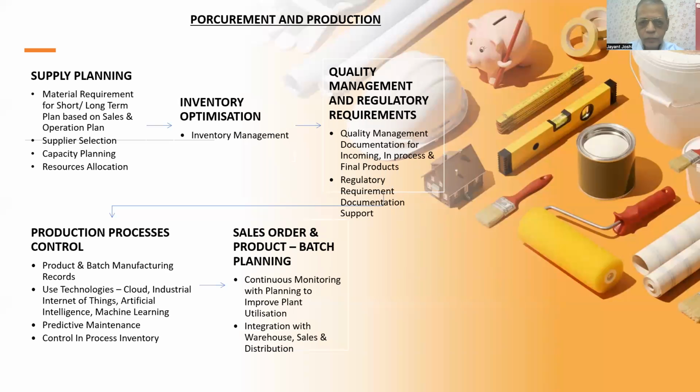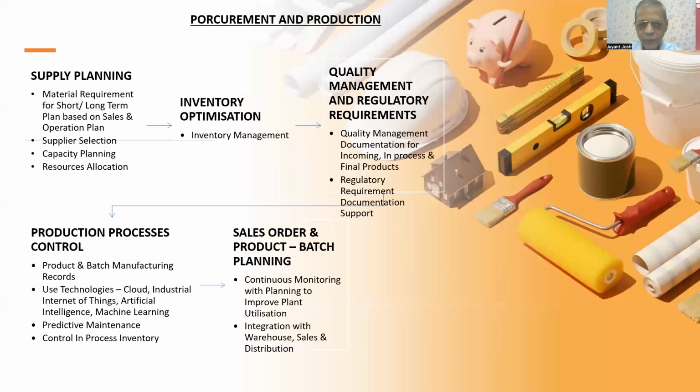As we know, we have to satisfy the customer's expectation, customer's requirement. We have some market requirement, forecasting and all that. Based on that, to support that, we work out a sales and operation plan. So it's a short-term, long-term plan of what we need to manufacture.